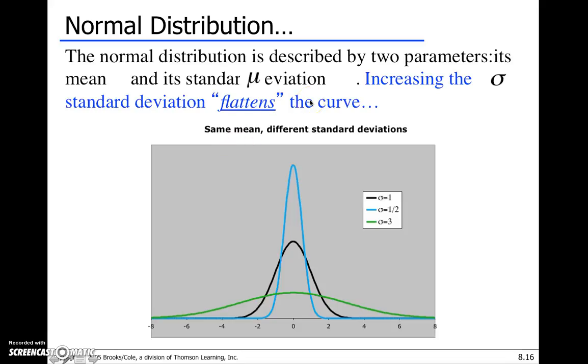Increasing the standard deviation, the degree of spread, flattens the curve. That is, the distribution becomes more platykurtic. Decreasing the standard deviation causes the distribution to become more peaked, more leptokurtic.